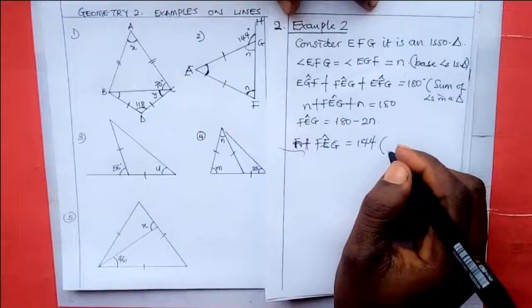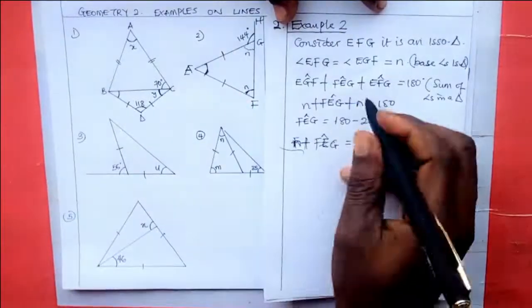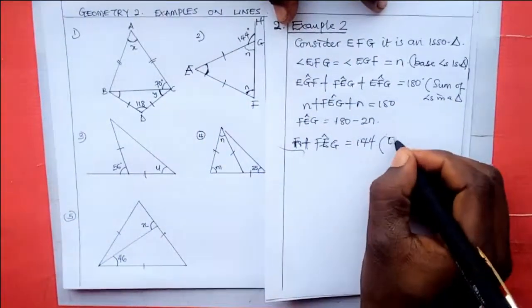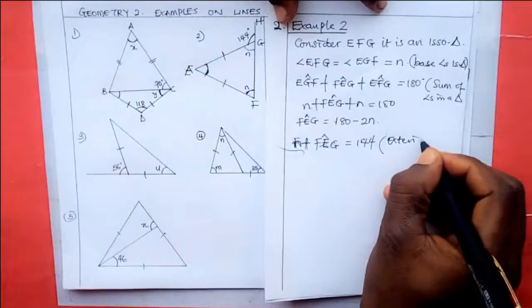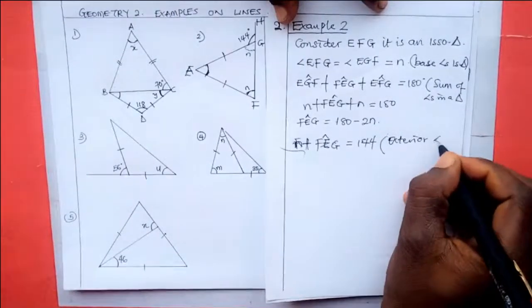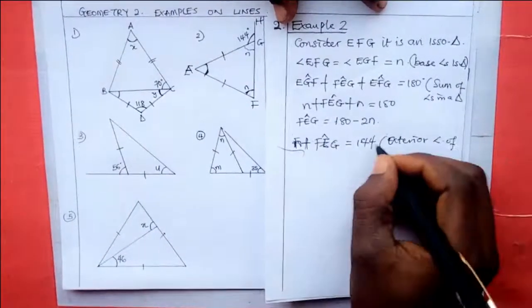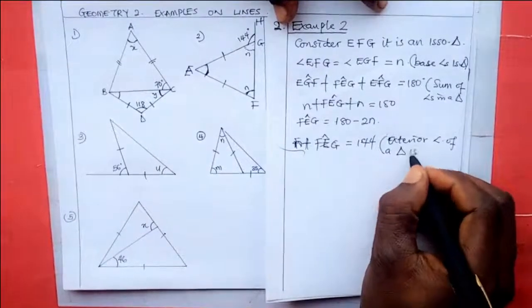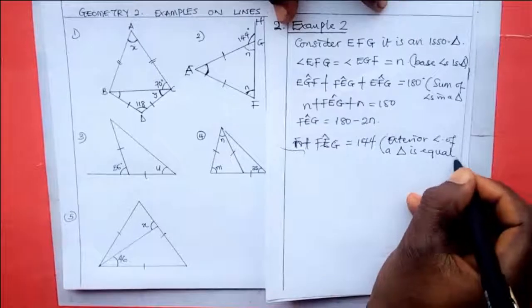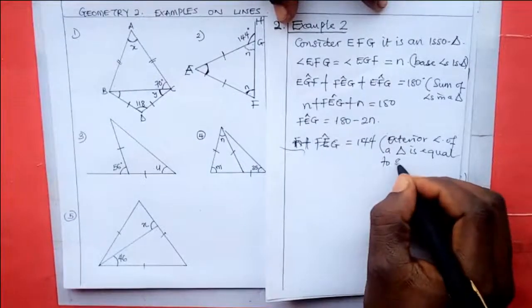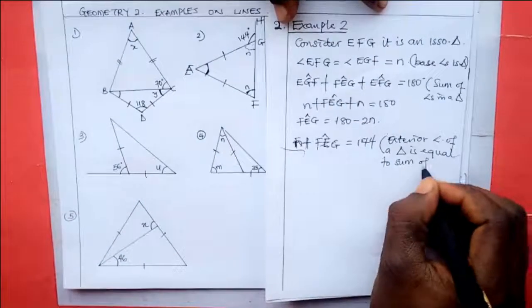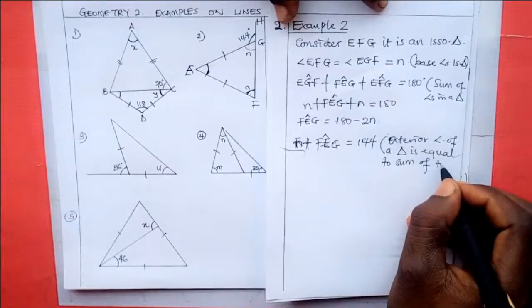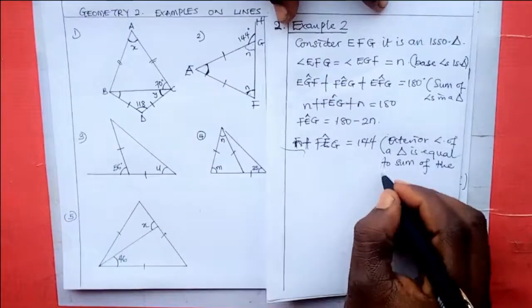Why? You state the theorem, that is, exterior angle of a triangle is equal to the sum of the opposite adjacent angles.